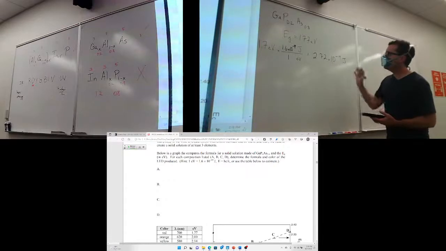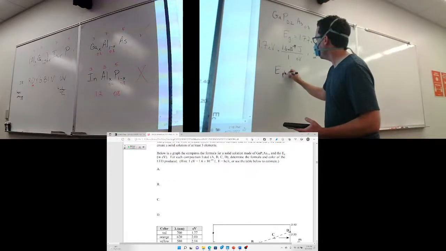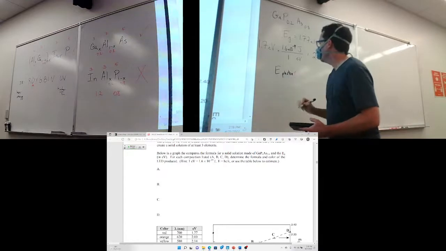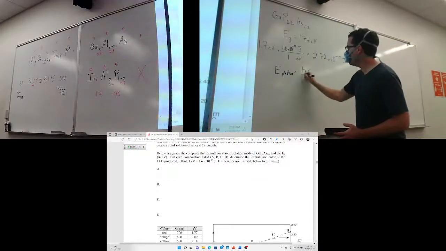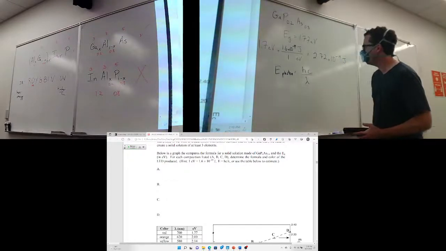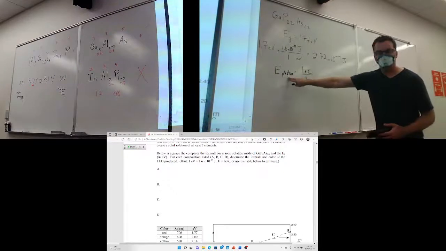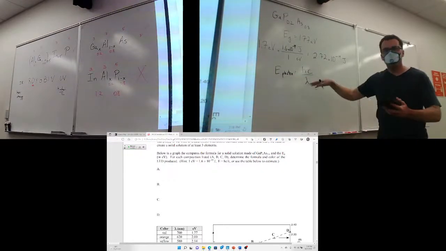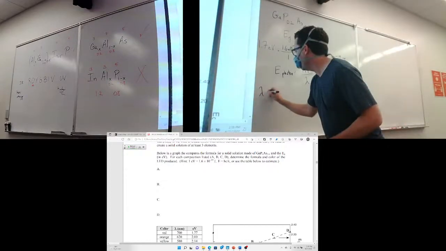And the reason we did this conversion is now we're going to use the equation for the energy of a photon. The one that involves wavelength is energy of a photon is Planck's constant times the speed of light divided by the wavelength. And everything I plug into this equation, I have to have joules for the energy, and I need to use meters for wavelength. I'm going to rearrange this because I want to solve for wavelength.